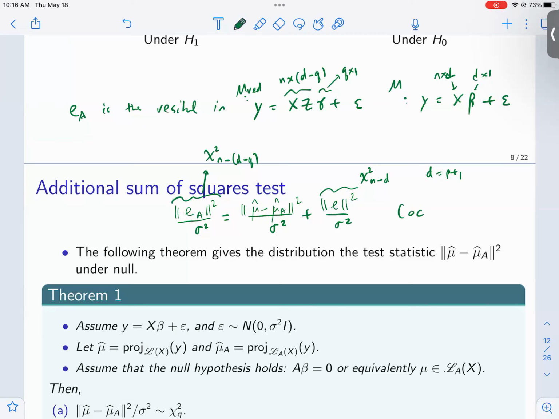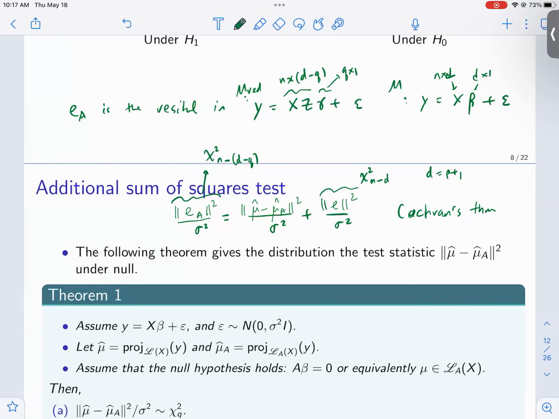If you have 3 quadratic forms, which you don't yet know what they are, and if I can write one as a sum of 2 other ones, and the bigger one, the one that can be decomposed, has a chi-square distribution.